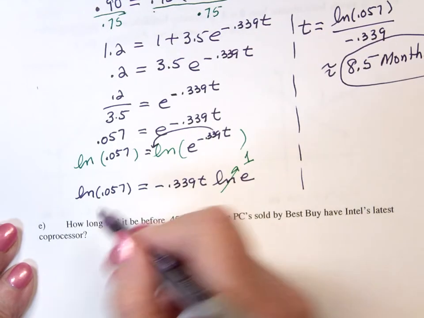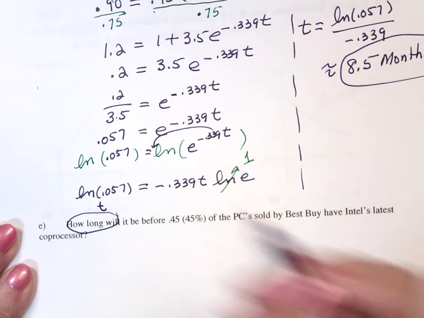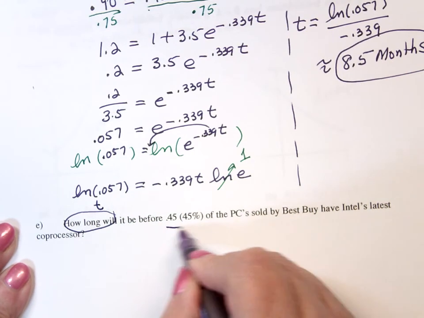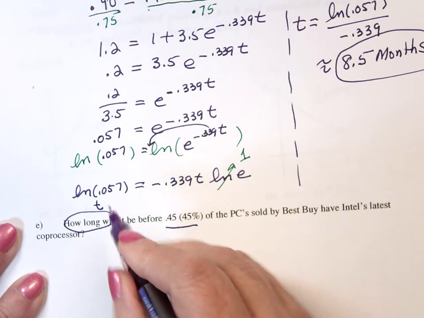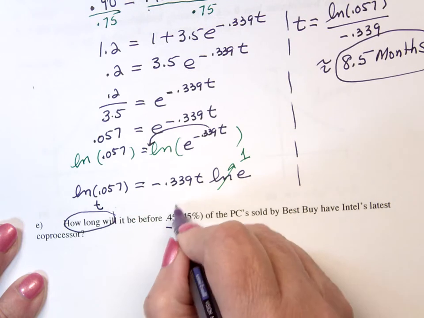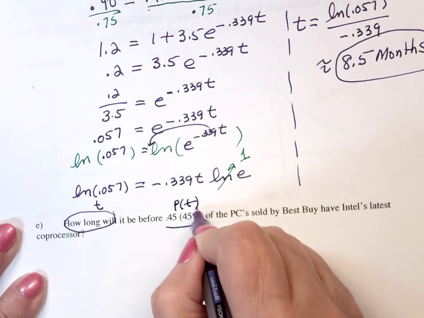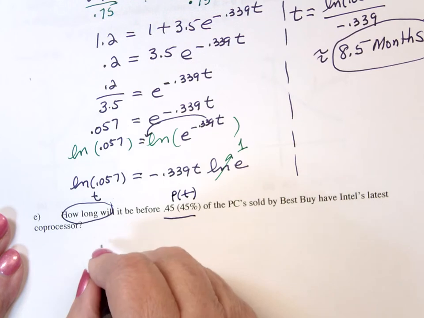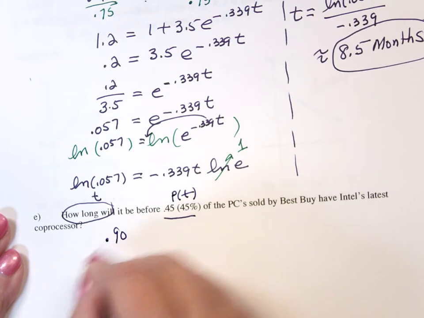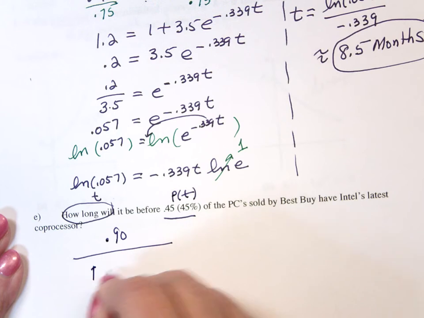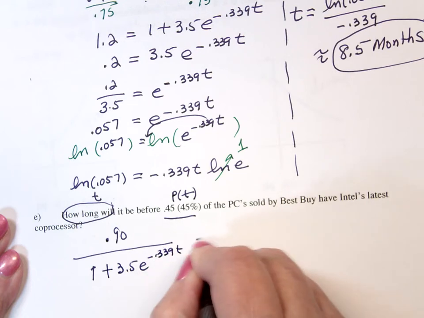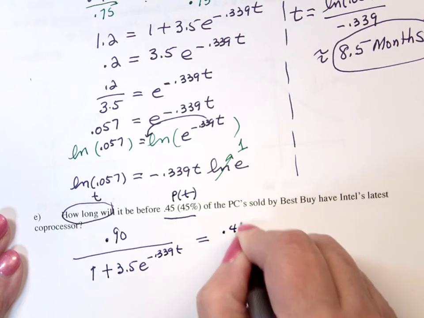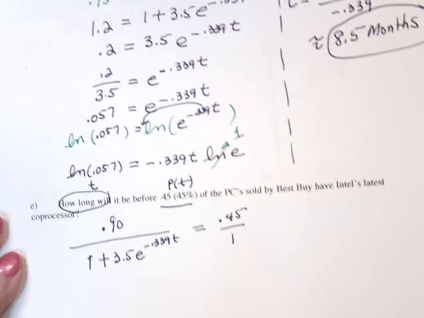How long will it be, t, before 45% is the latest coprocessor? So we know that essentially I want t, and this is p of t, so that 0.90 over 1 plus 3.5e to the negative 0.339t equals 0.45, and that's 0.45 over 1.